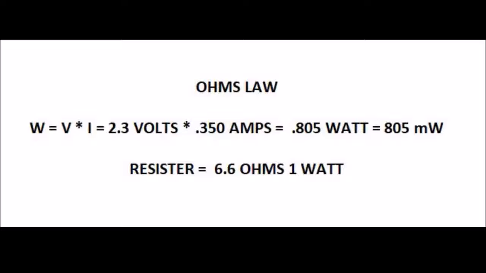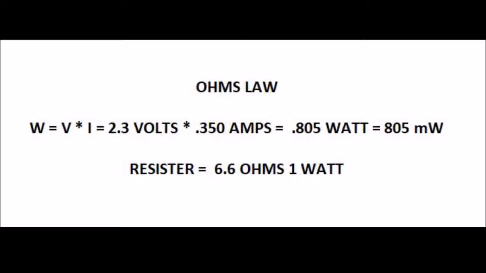So we know you don't get an 805 milliwatt resistor, but you do get a 1 watt resistor. So the resistor is a 6.6 ohm 1 watt resistor required for the job of the dropper resistor for a 1 watt LED.